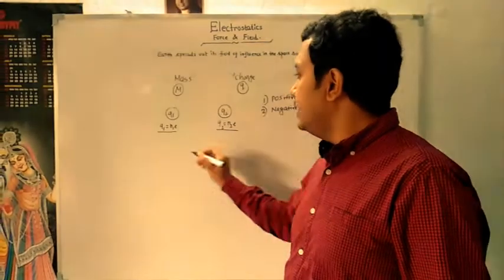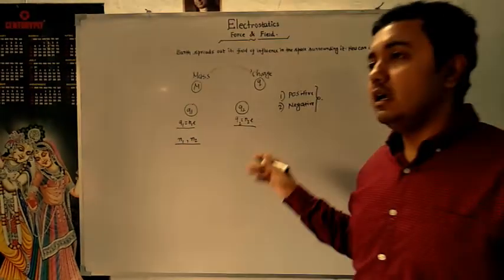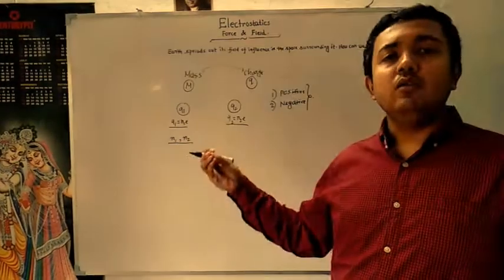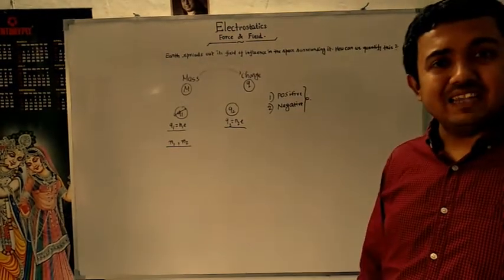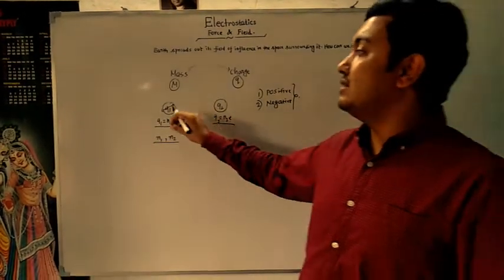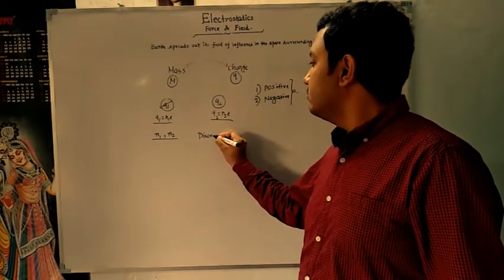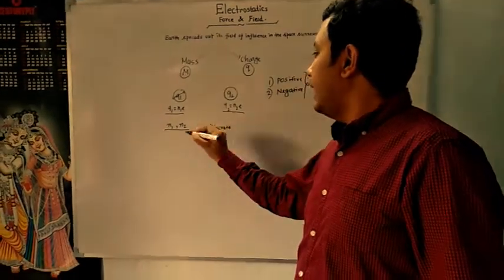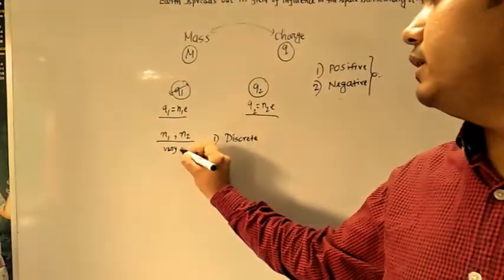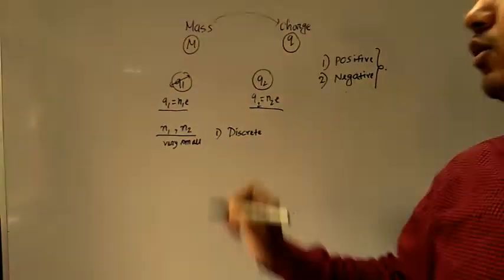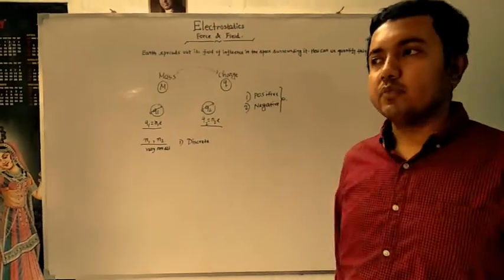Now here, the integer numbers N1 and N2 are very small with respect to the spatial dimension of the charged body.